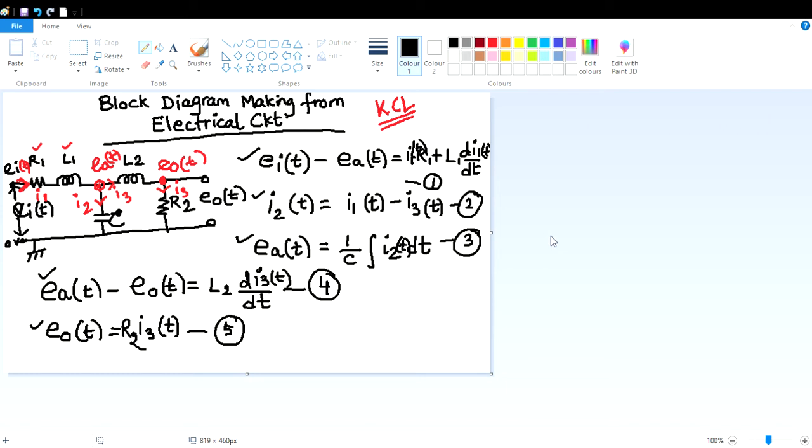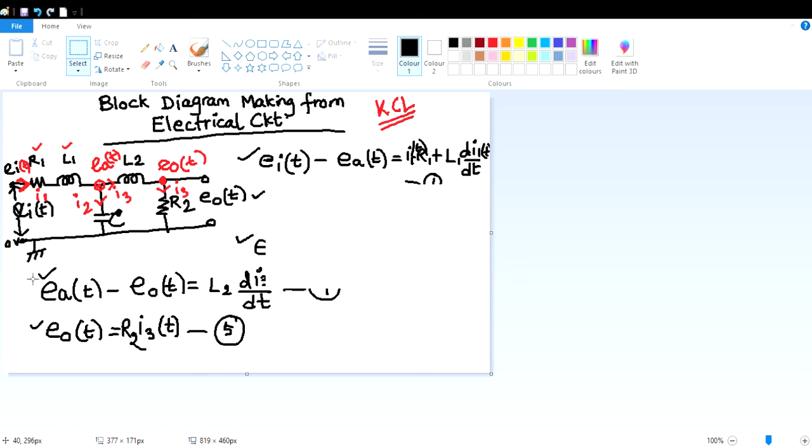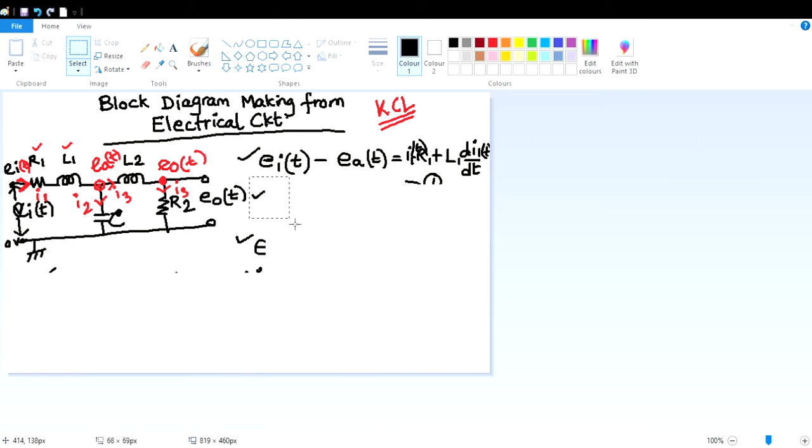Now what is the next part? The next part is we have to take the Laplace transform of these equations. First consider the first equation. Let me clear this so that you can understand. I am taking the Laplace transform of the first equation.